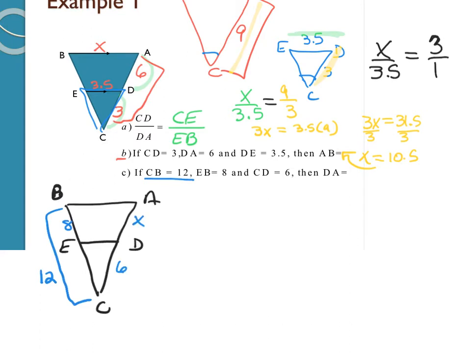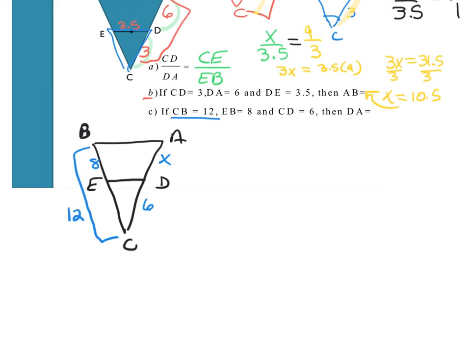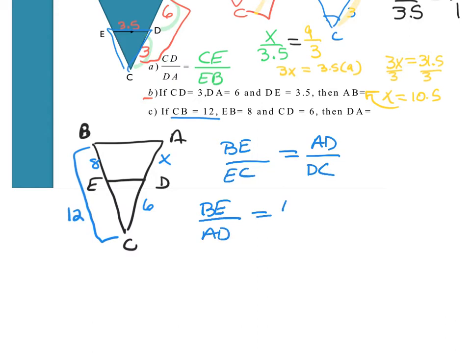Now, I can set this up proportionally. And I can either do BE over EC, top left over bottom left, equals AD over DC, or I could do tops BE over AD and EC over DC.